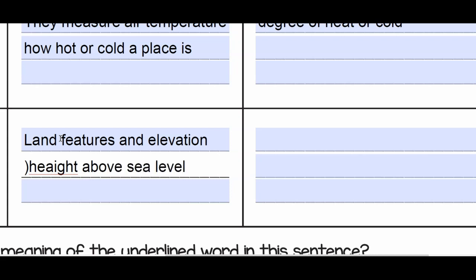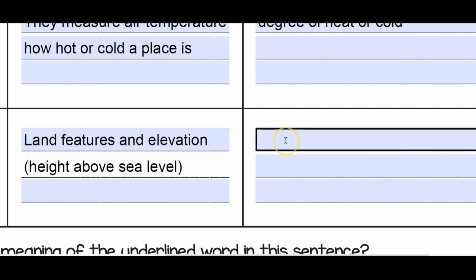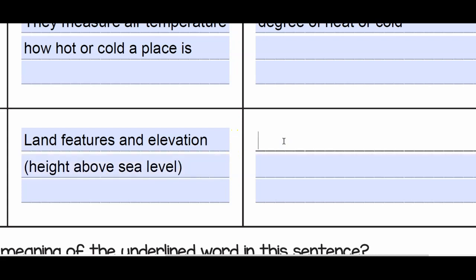That's what elevation means. Okay? Height above sea level. And then it's height above Earth's surface.